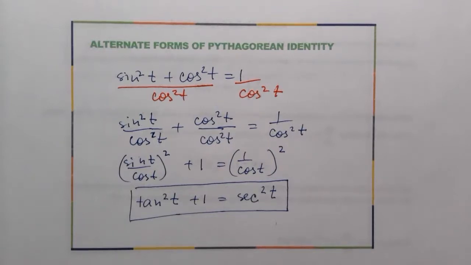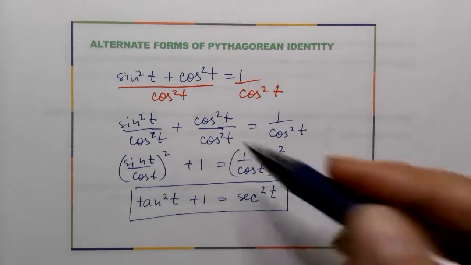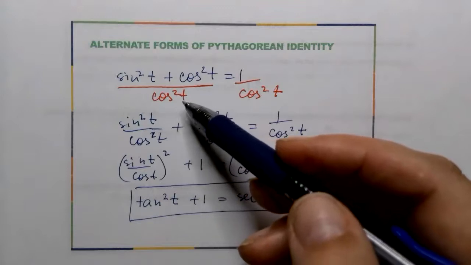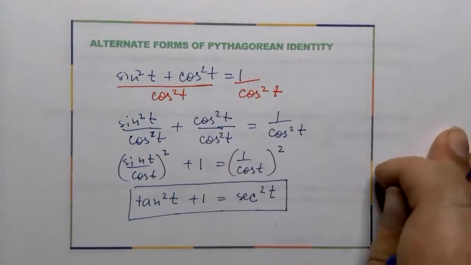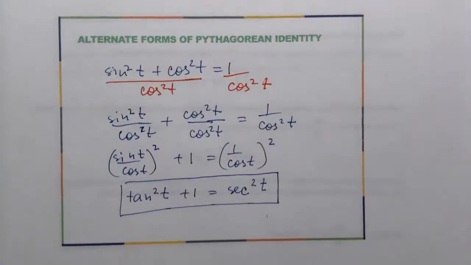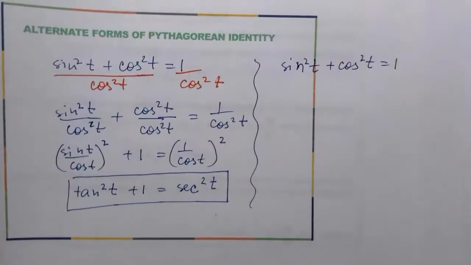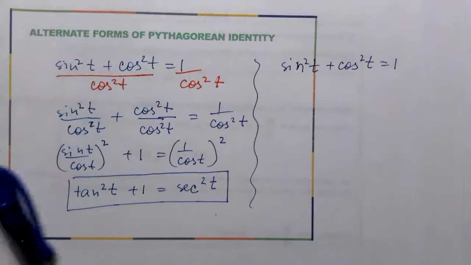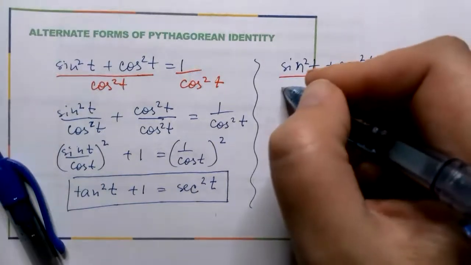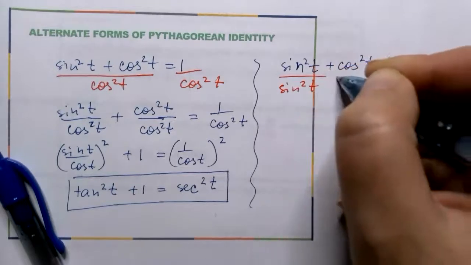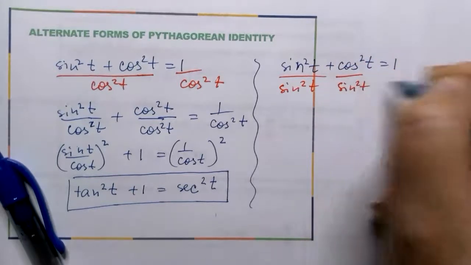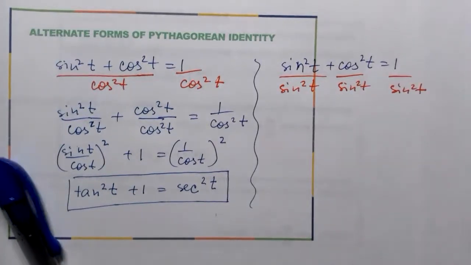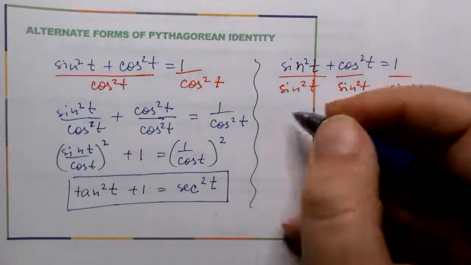All right, and now we're going to do the same thing to the original Pythagorean identity, but instead of dividing by cosine squared t, we're going to divide by sine squared t. Let's see what happens. Again, we start with sine squared t plus cosine squared t equals 1, and we divide each term by sine squared t. So this simplifies into a 1.